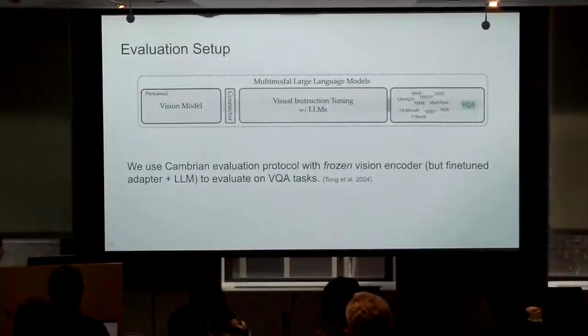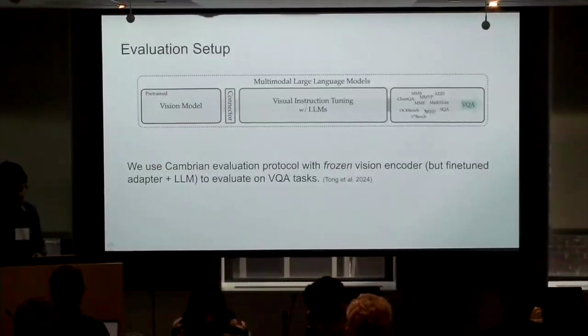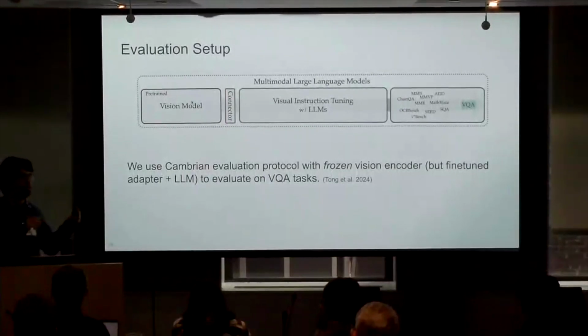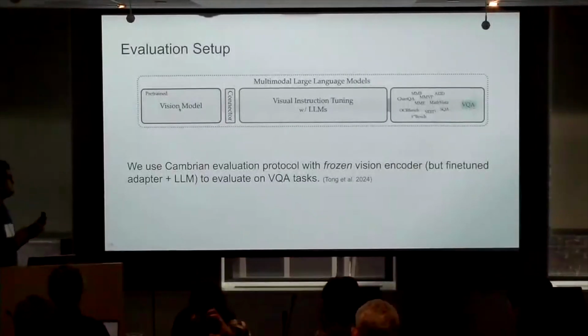Specifically for evaluation, we're going to use the Cambrian 1 evaluation protocol. What this does is you have a predefined dataset for alignment, to align your encoder to the LLM that we fix across the methods. When we do this alignment phase, we're going to freeze our vision model. So, okay, let's take a step back so it's more clear.